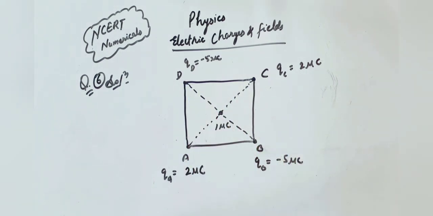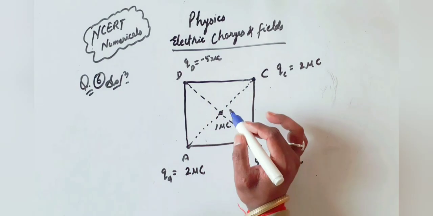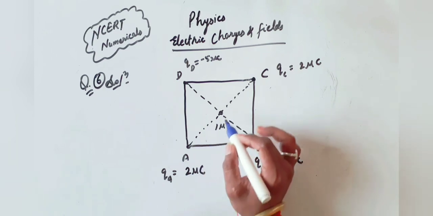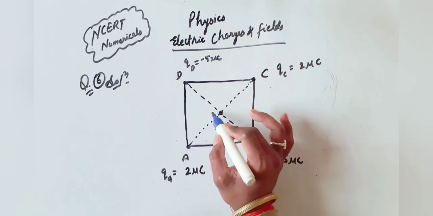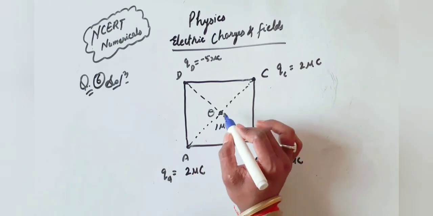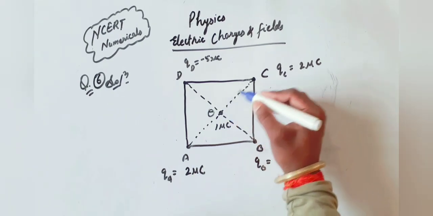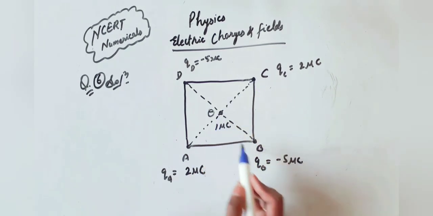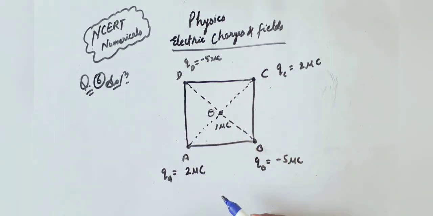It is a very simple question but a little bit tricky. Here the distance from O to A is equal to the distance from O to C. Similarly, OB is equal to OD, because the diagonals of a square bisect each other.